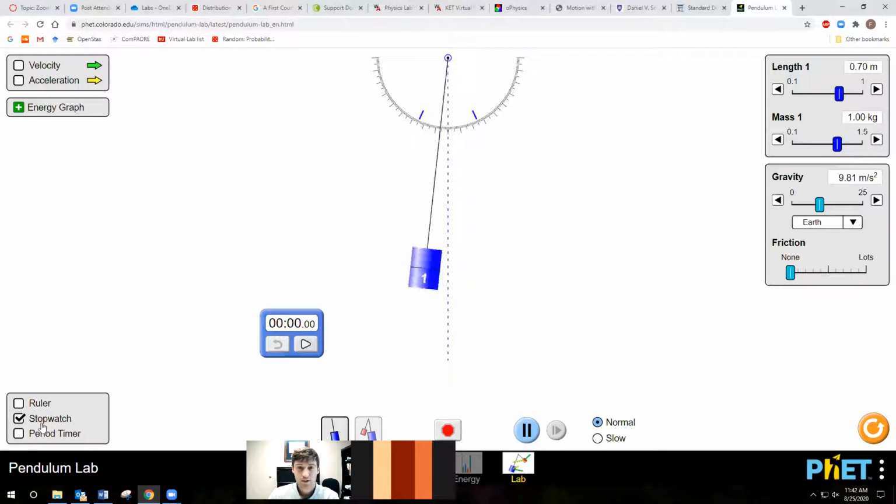To measure the time, if you select this stopwatch on the lower left corner, you can stop and start it whenever you like. And so we'll definitely be using that to have an experimental measurement of the period.